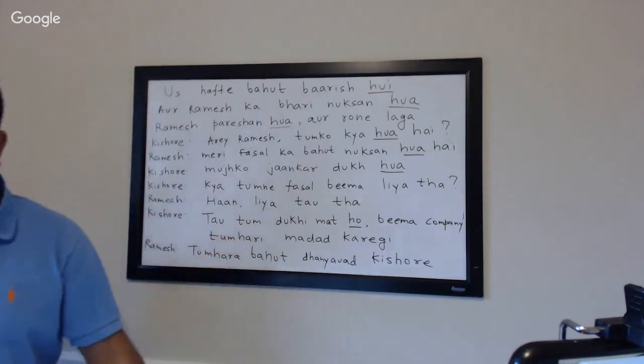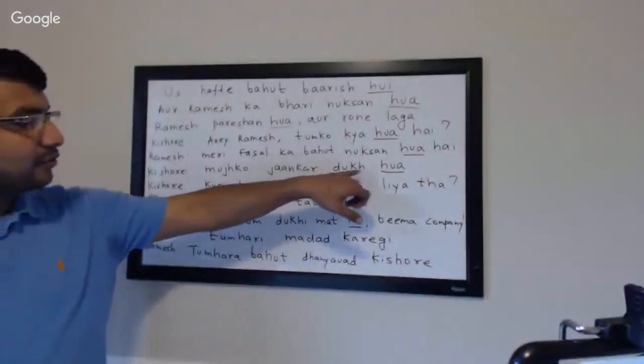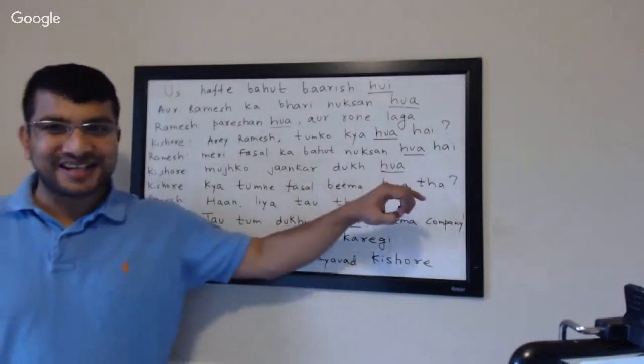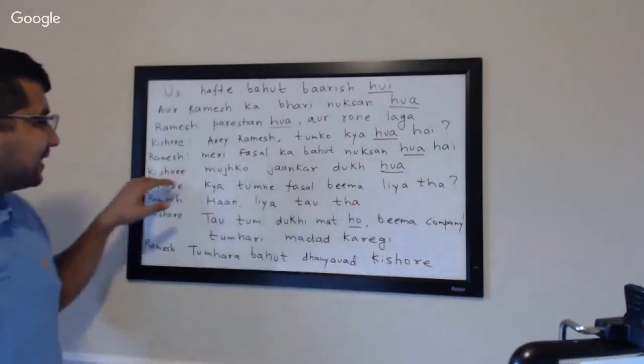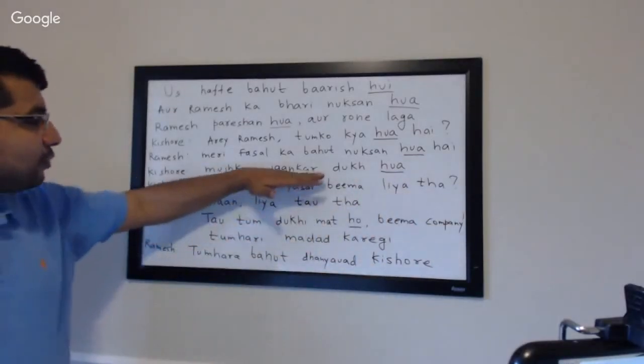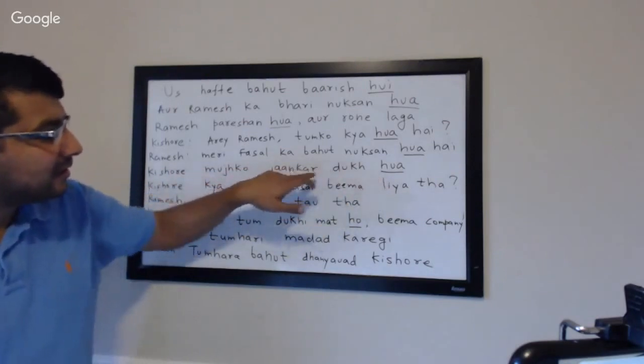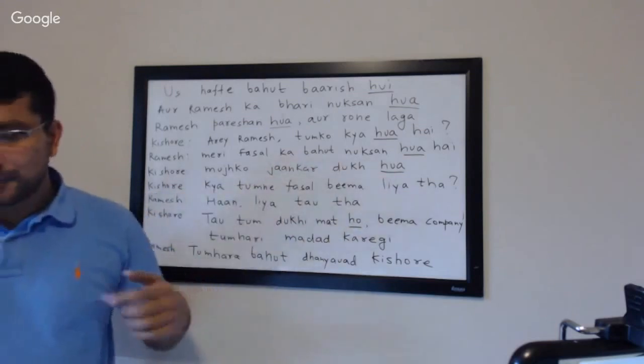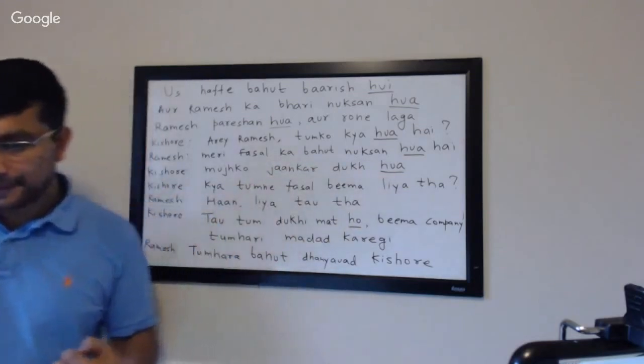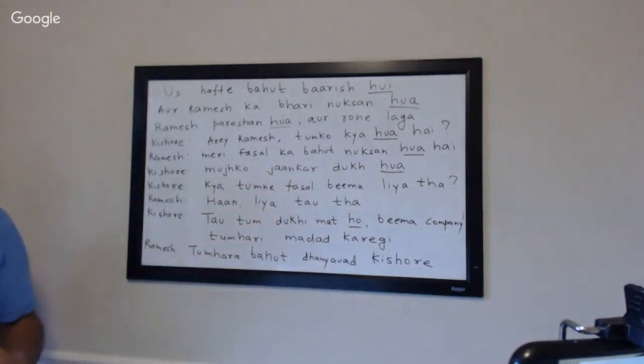After becoming aware of this, dukh hua. I'm not going to tell you the English word meaning of it, but basically Kishore is saying mujhko jankar, after becoming aware of the situation, dukh hua, mujhko dukh hua. Okay, I hope this is clear.